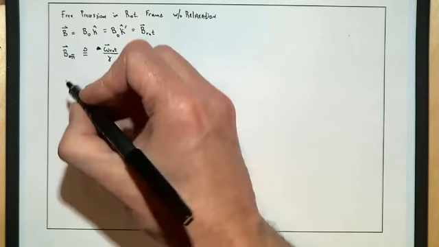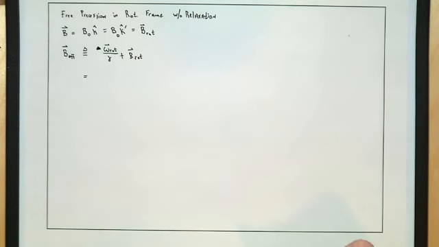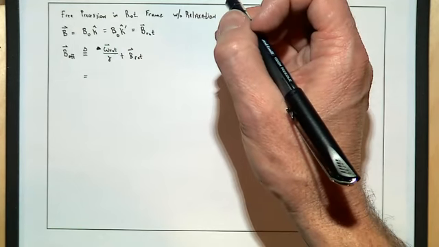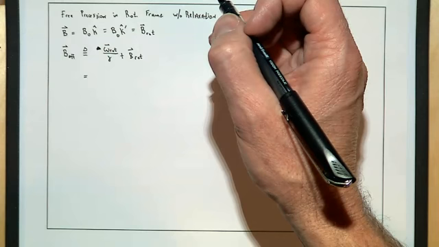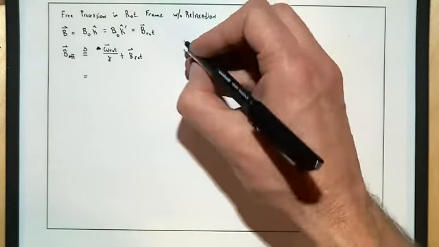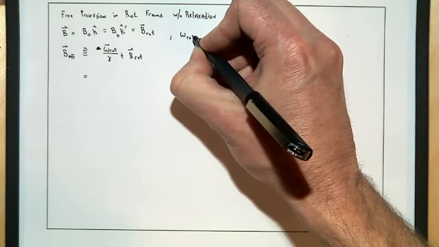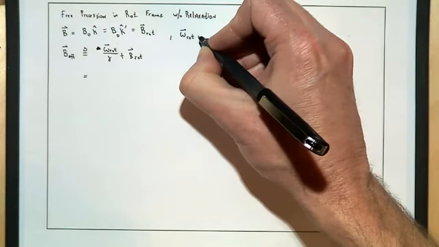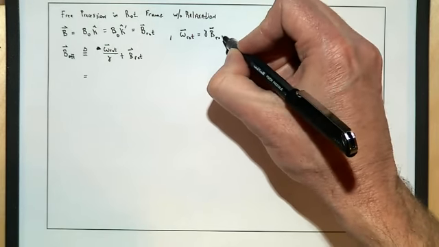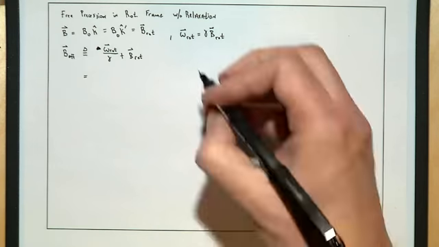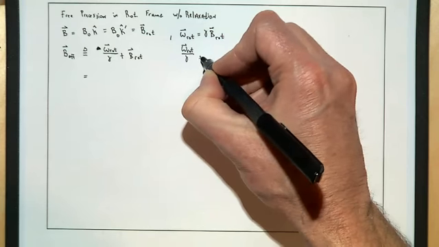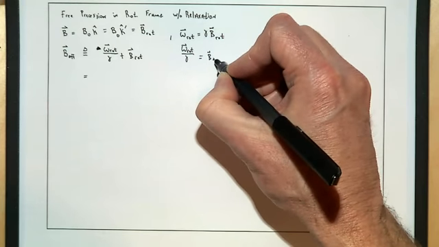Easy enough. We know that omega rot by gamma, I guess I should write, we know that omega rot by gamma, I could write it here, omega rot is just equal to gamma B rot. And so omega rot divided by gamma just equals B rot.